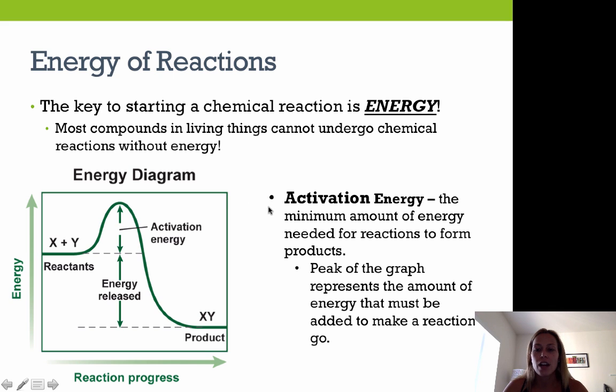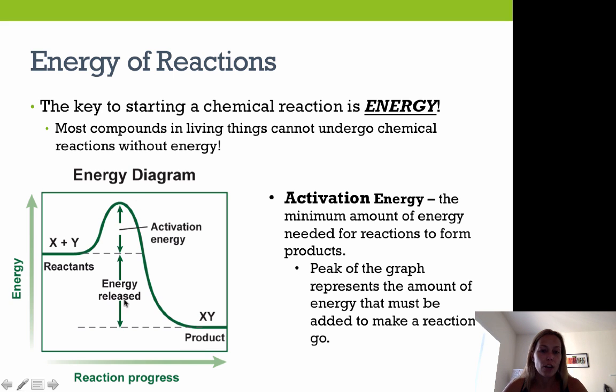So activation energy is the minimum amount of energy needed for reactions to form products. Activation energy is the energy needed to start a chemical reaction and go from the reactants to the products. Now the peak of the graph here represents the amount of energy that must be added to make a reaction go.